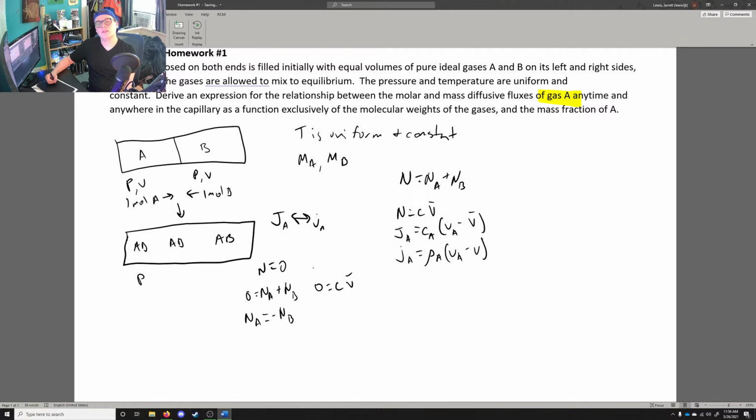Either one of these has to be 0 or they both have to be 0. We know the concentration cannot equal 0 because we have a mixture of 2 gases in a capillary. There has to be a concentration. So the molar average velocity must be equal to 0.